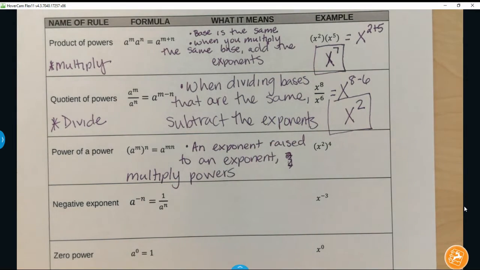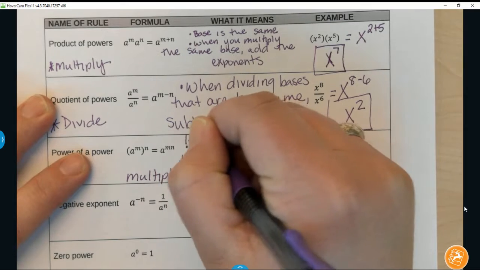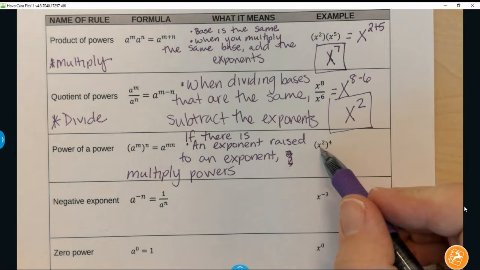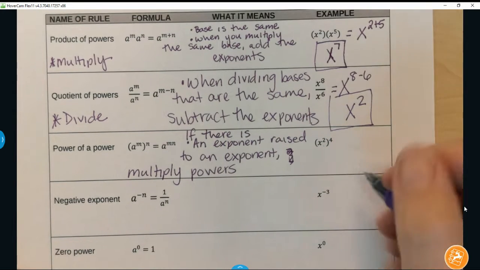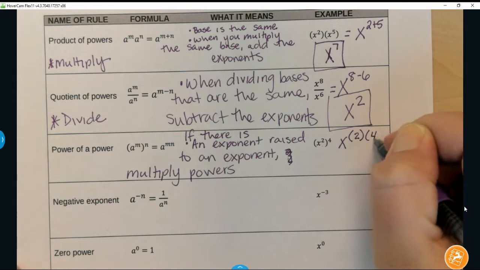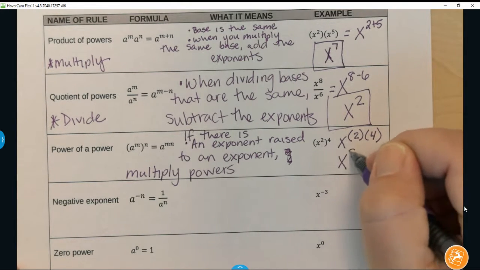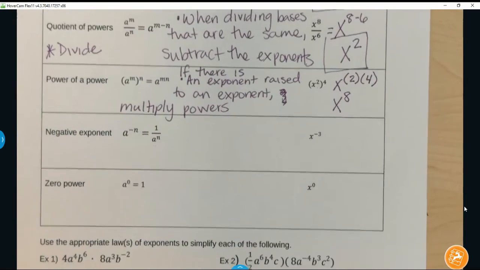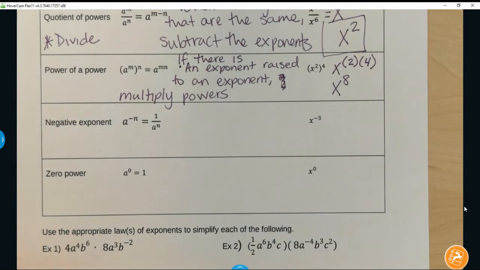Okay, I'm not sure that's the best way to say that, but if there is an exponent raised to an exponent, you're going to multiply the powers. So right over here, you have x squared raised to the fourth power. So you would have x, 2 times 4, x to the eighth power. So if there is an exponent raised to an exponent, just multiply those powers out.